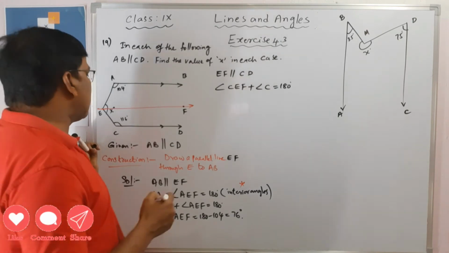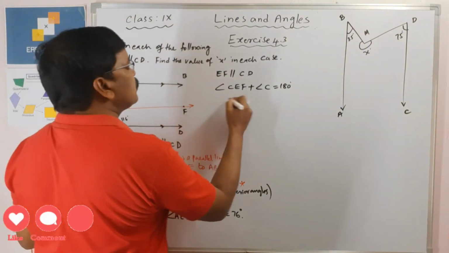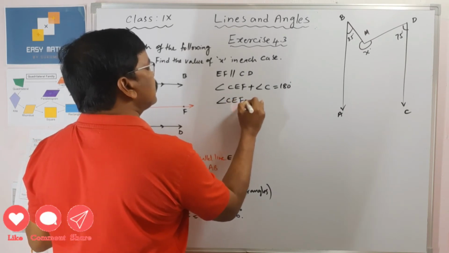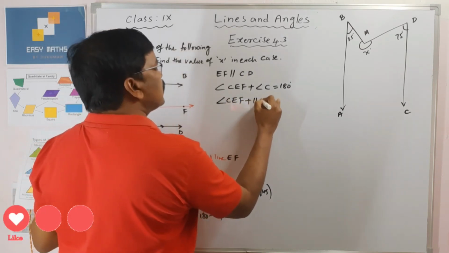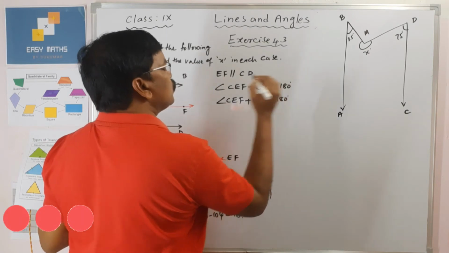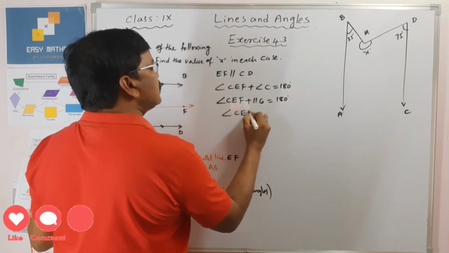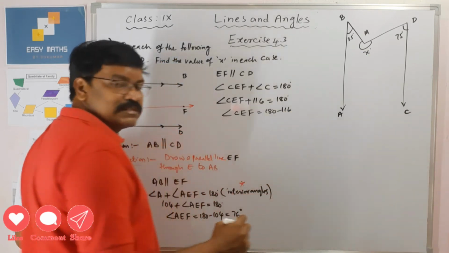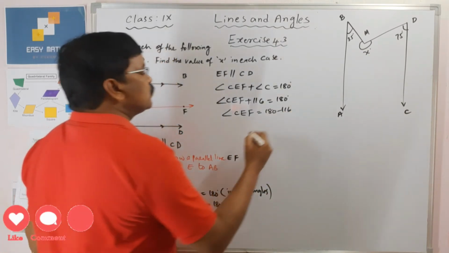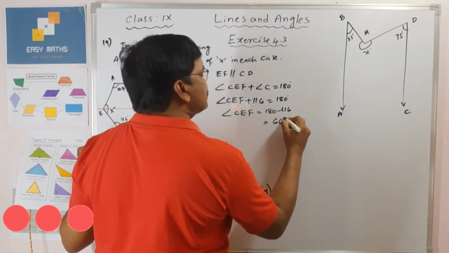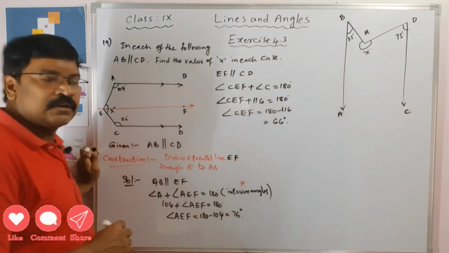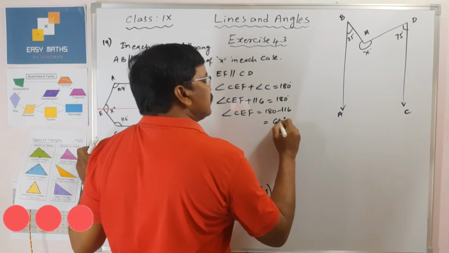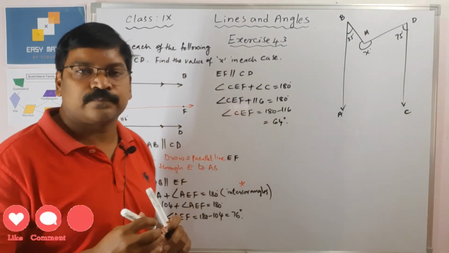Now angle CEF we don't know. So angle CEF plus angle C, which is 116, is equal to 180. So angle CEF is equal to 180 minus 116, so this is equal to, sorry, 64 degrees. This angle is 64 degrees.